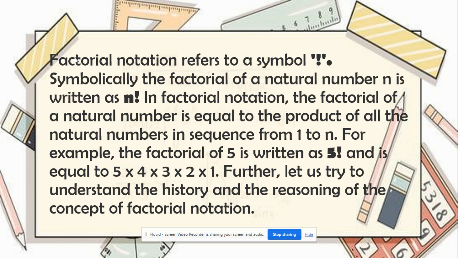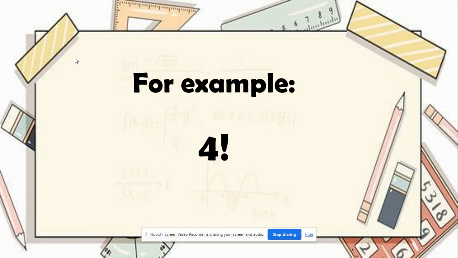In factorial notation, the factorial of a natural number is equal to the product of all the natural numbers in sequence from 1 to n. For example, the factorial of 5 is written as 5 factorial and is equal to 5 times 4 times 3 times 2 times 1. Further, let us try to understand the history and the reasoning of the concept of factorial notation.